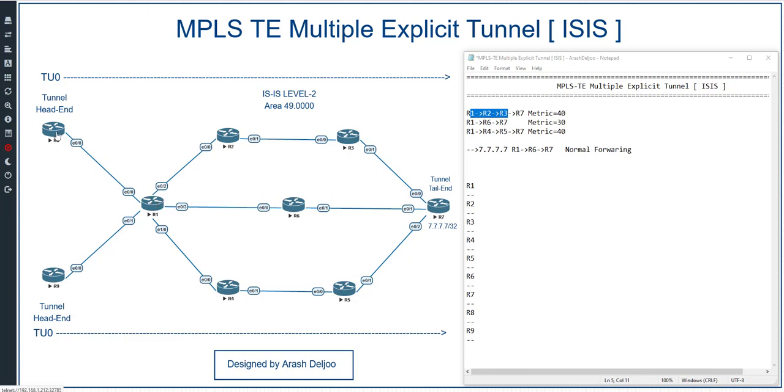This means that R8 can't say to R1, please forward the packet through router 2, or R9 can't say to R1, please forward the packet through R4, because R1 should take action independently. It checks its routing table, and after that it forwards the packet. R8 and R9 don't have any impact on the decision of R1. This is normal behavior.